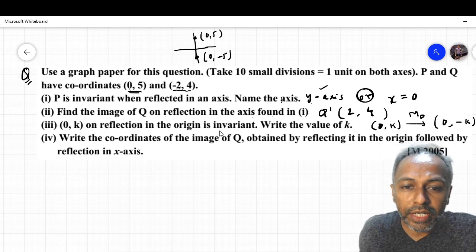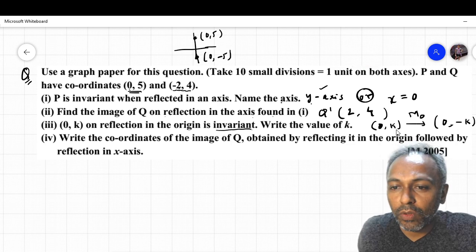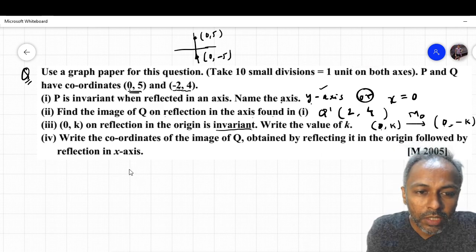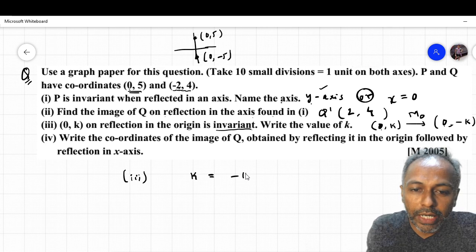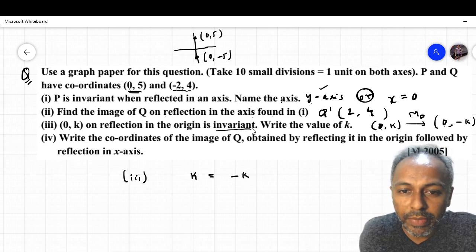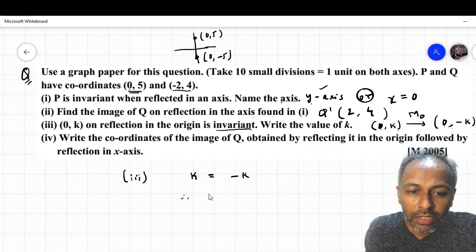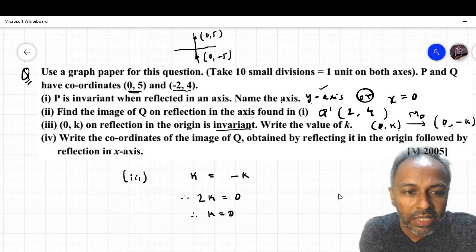But they are saying the point will remain invariant, so both these answers should be identical. 0 is definitely equal to 0, but in the second case we also get k equal to -k. As the point is remaining invariant, the question and the answer should be identical. So on solving we will get 2k equal to 0, so we get k equal to 0.